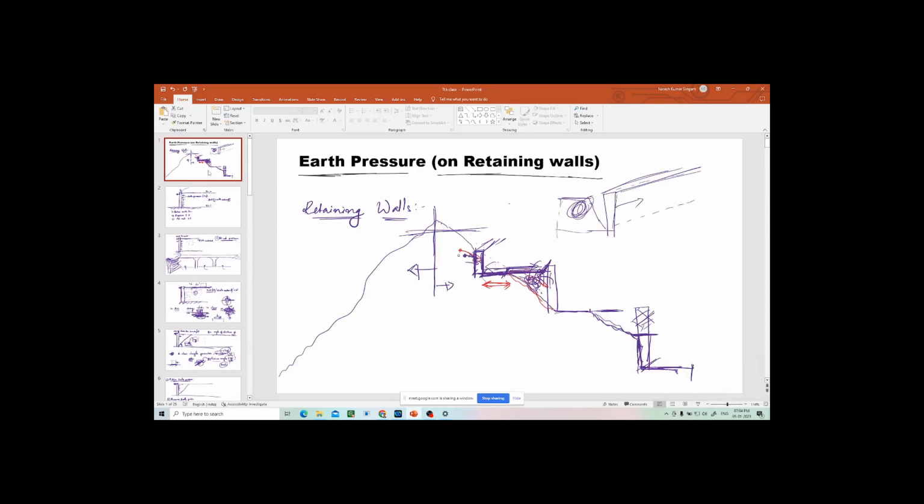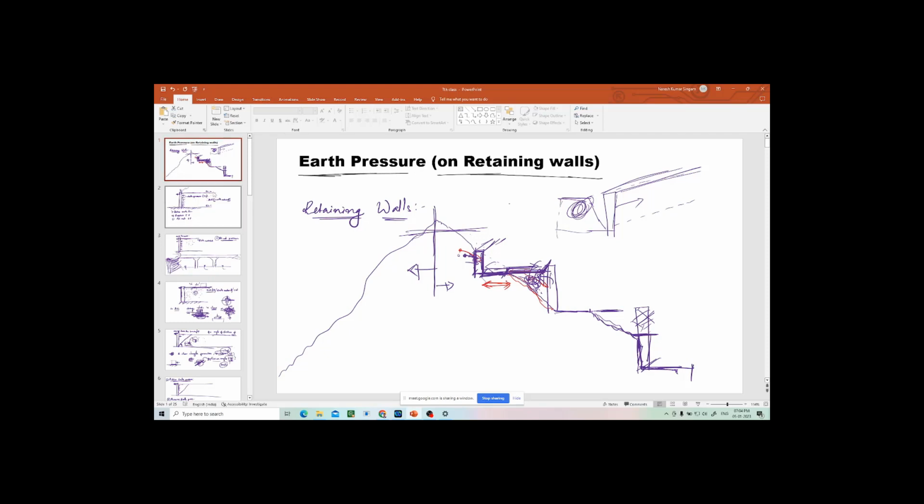Yes or no? Somebody please tell me verbally, not in the chat box, because I cannot see that. Yes, sir, you can see the slide. Earth pressure, retaining wall. Yeah, right. Okay, okay.